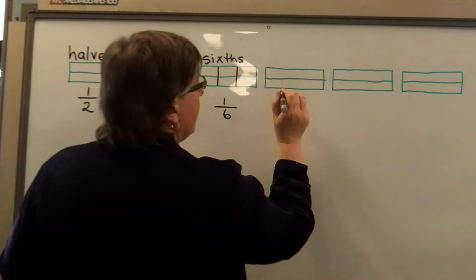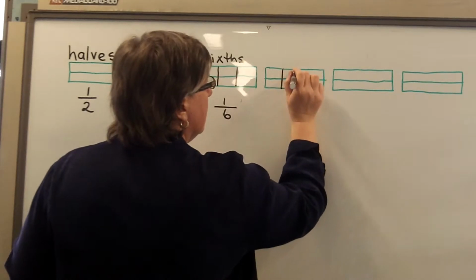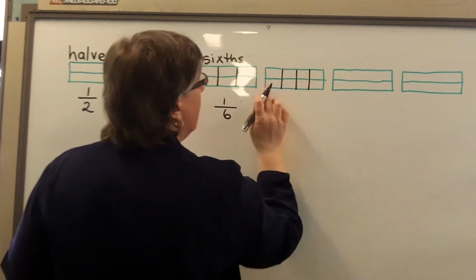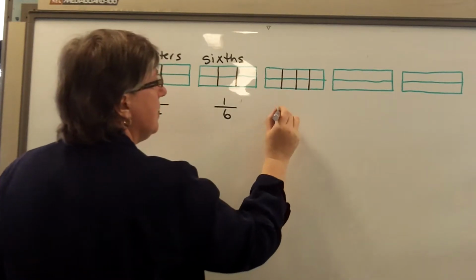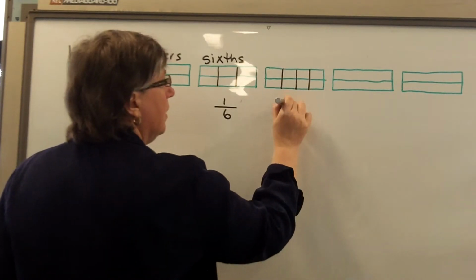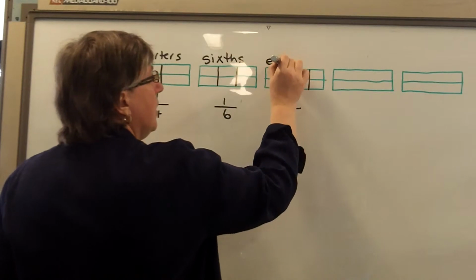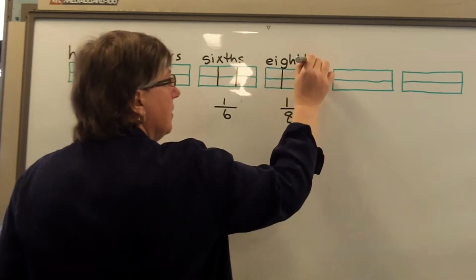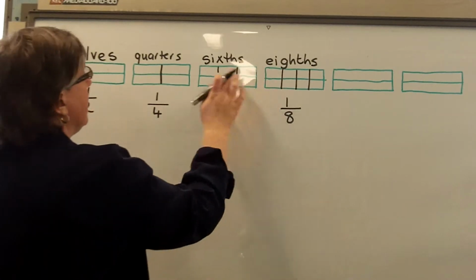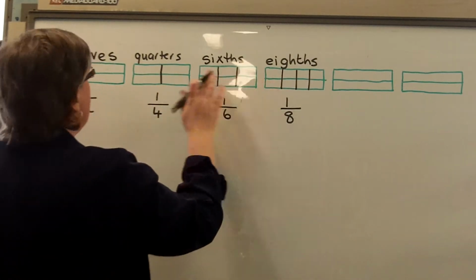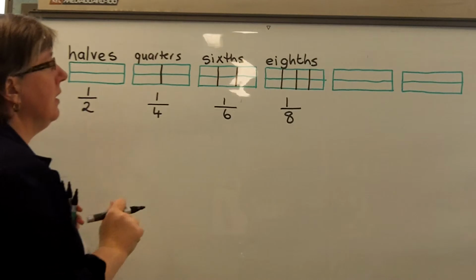If I were to put in 3 lines, I would now have 2, 4, 6, 8 pieces, and they would be called eighths. Eighths are smaller than sixths, eighths are smaller than quarters, and eighths are smaller than halves.